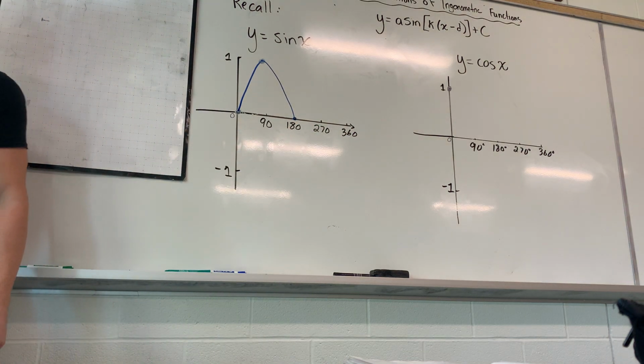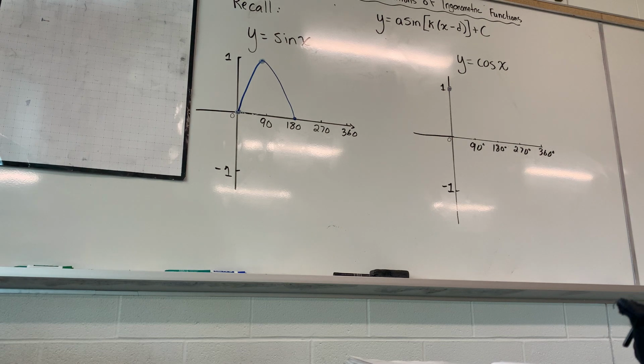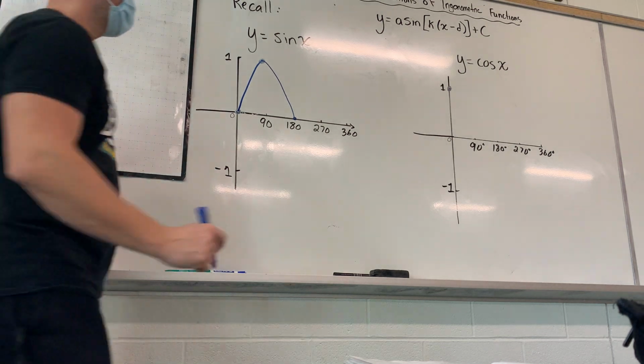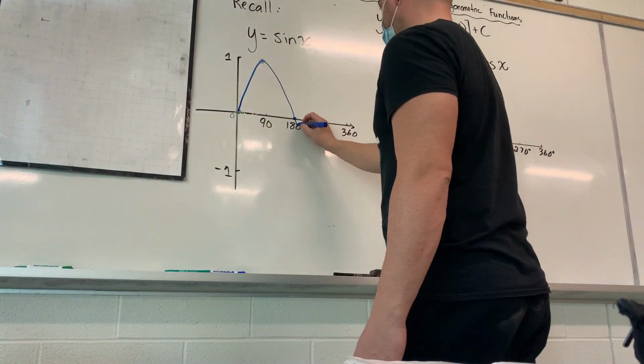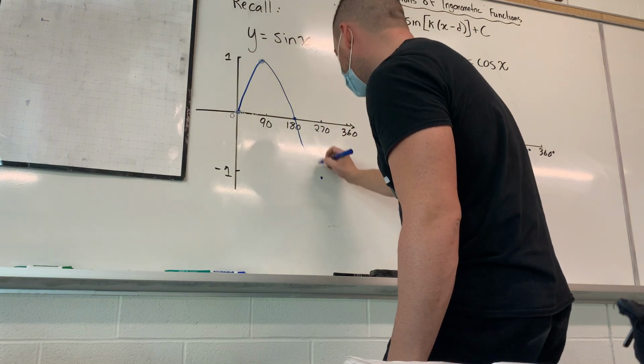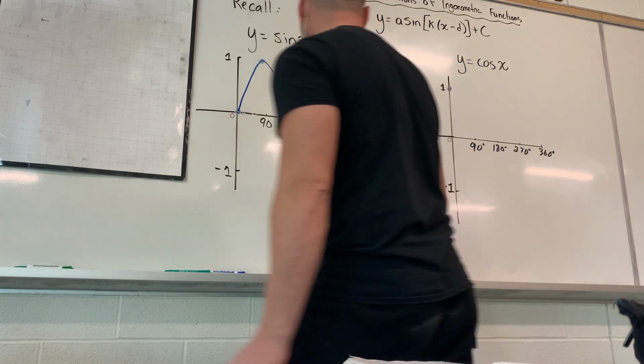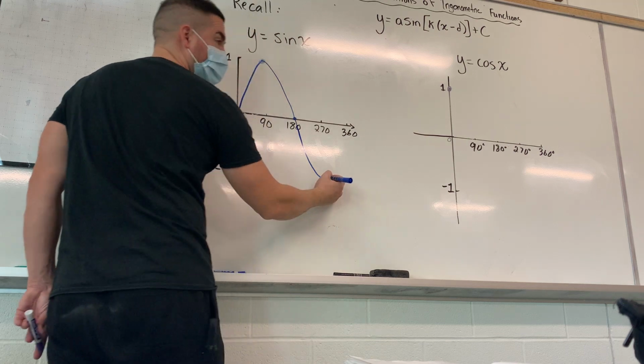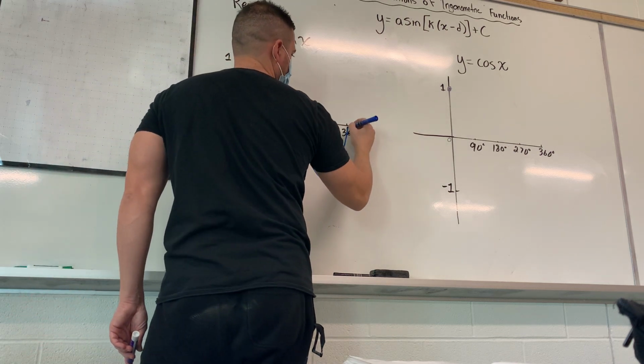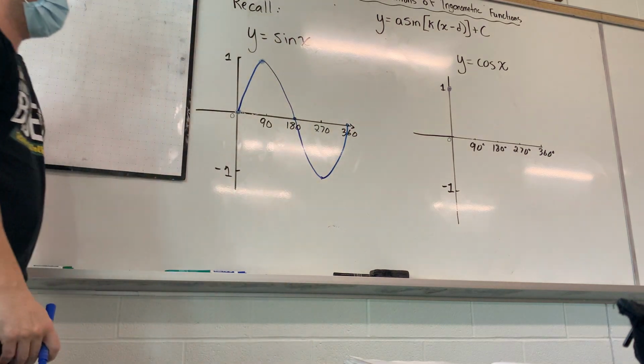After 180, where does it go? Owen? -1 at 270. Good, so now it goes down to -1 at 270, and then once it hits the lowest point, it goes up to 0 again at 360.